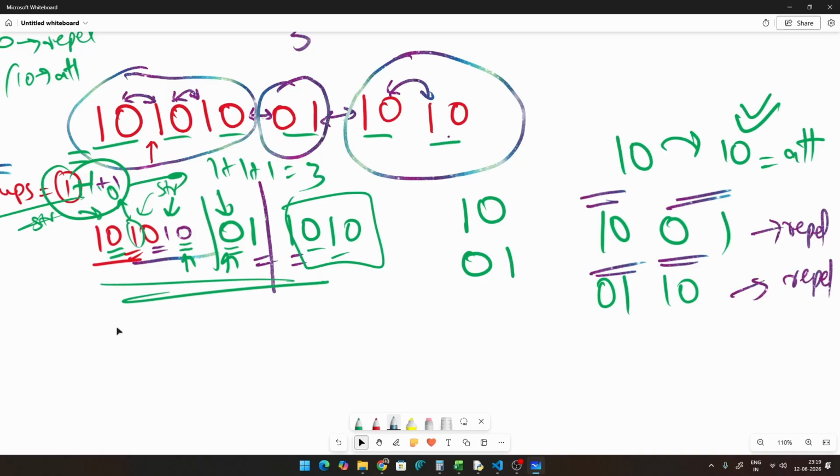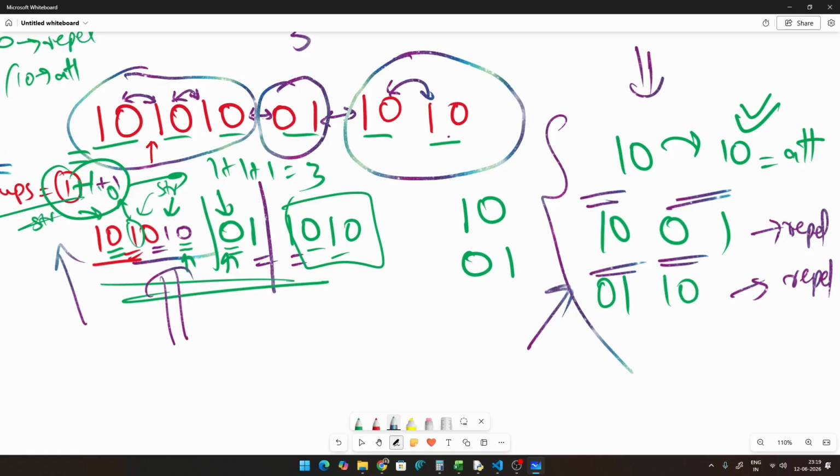Okay. Now you can either solve it using this right here or this right here. This is a bit simpler, but in cases where you have more than 2 possibilities, you can do this method. Okay, we're going to solve for this method right here. I hope all of you are able to understand. If the current magnet and the next magnet are the same, they're going to attract, because the last and the first are going to be different.